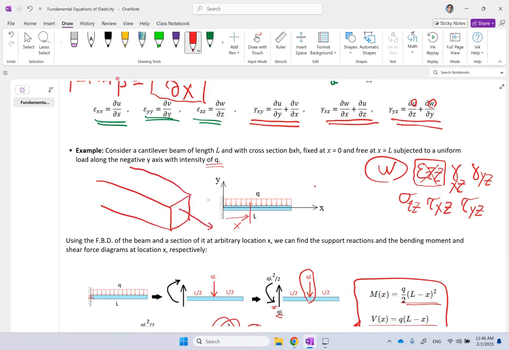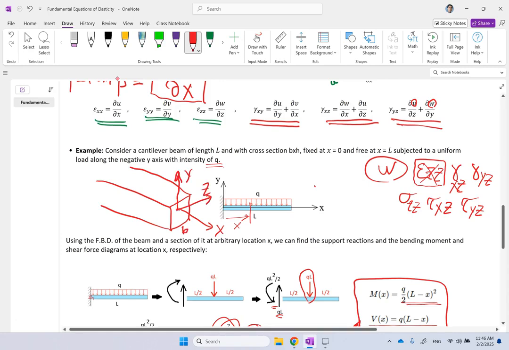This direction is x, this direction is y, and this direction is z. And the dimensions are b and h. So b is the width and h is the height for, in this case, this rectangular cross section. And this is passing through the center of that rectangle, of course.